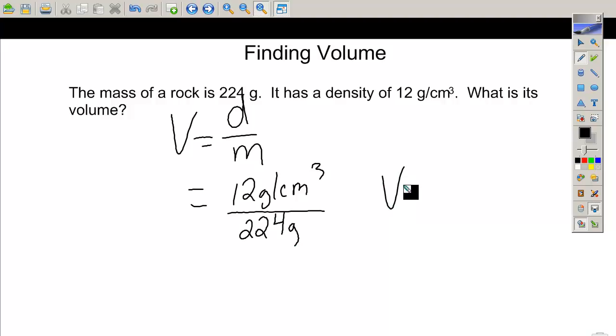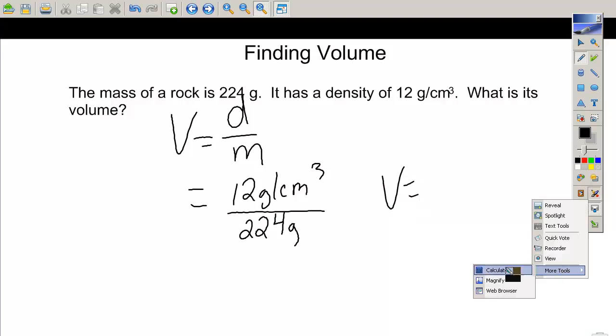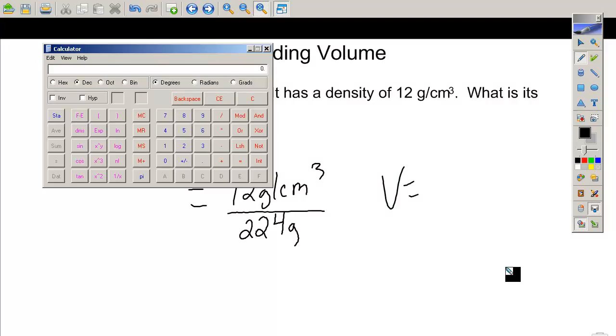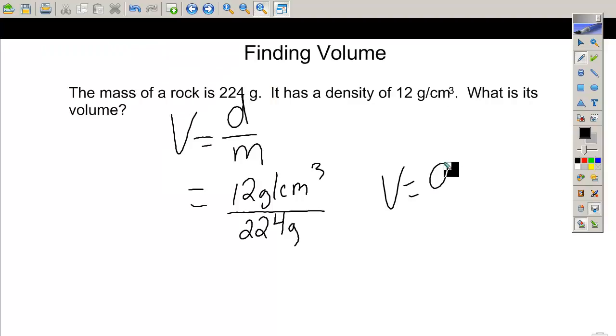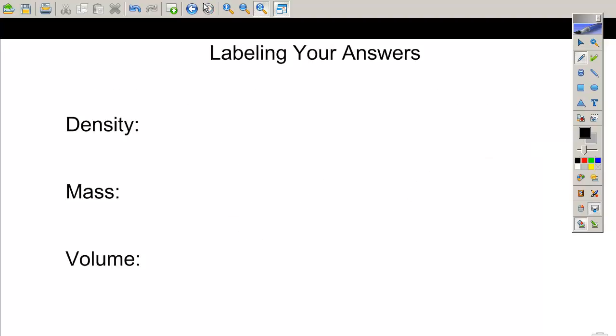So that gives us our volume is equal to 12 divided by 224 equals 0.05, and we'll call that cubic centimeters.